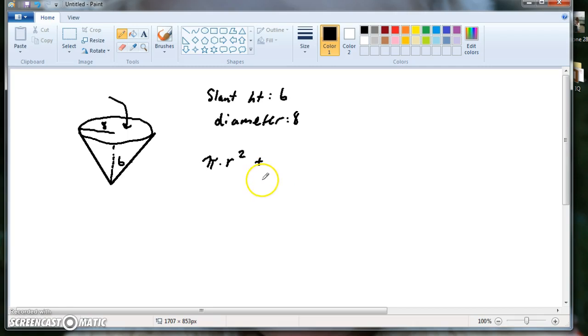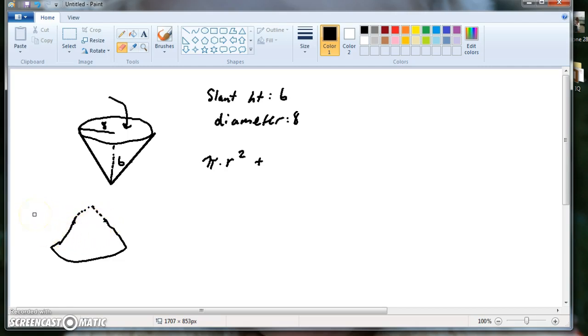We're going to add to that the wrapper. Like if you think of a sugar cone, the wrapper of it, and this is going to be a horrible drawing, but it kind of goes like this. In fact, it comes to a point, because the whole thing goes to a point.